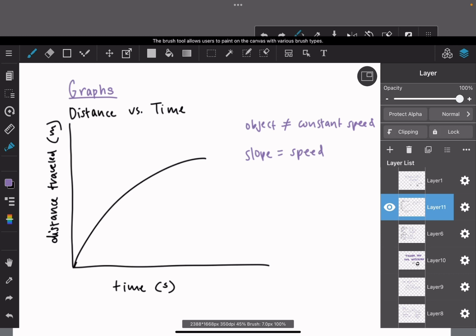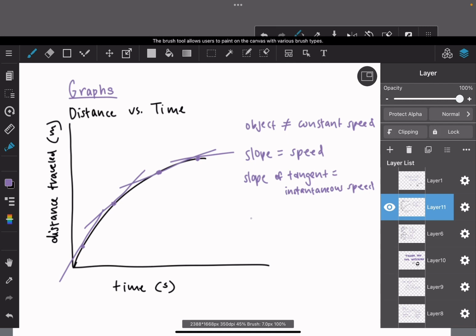So if we find the slope of the tangent line, we can get the instantaneous speed. So let me draw a couple of tangent lines here. And let's also write down that the slope of the tangent line equals the instantaneous speed. And just a refresher, the instantaneous speed is just the speed of the object at that specific point.